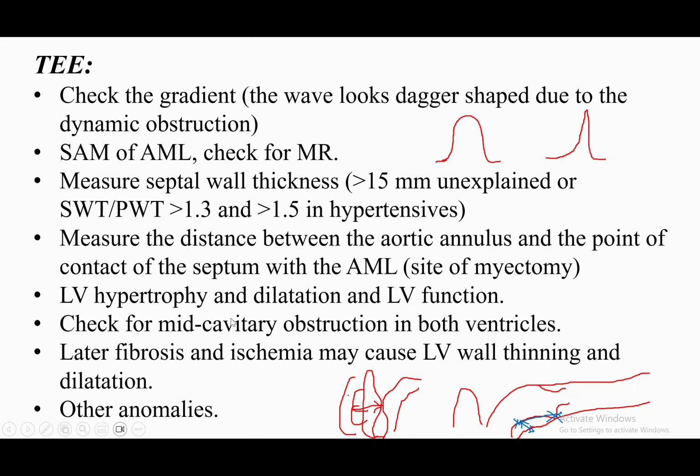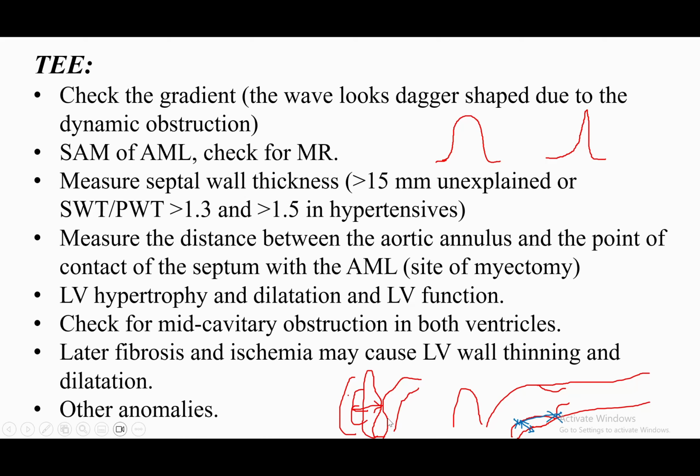LVH and dilatation. LV function, check the mid-cavitary obstruction in both ventricles. Later fibrosis and ischemia may cause left ventricular wall thinning and dilatation. This is a mid-cavitary obstruction because, as we said before, the left ventricle may be hypertrophied in any part of it, or maybe the whole ventricle is hypertrophied.